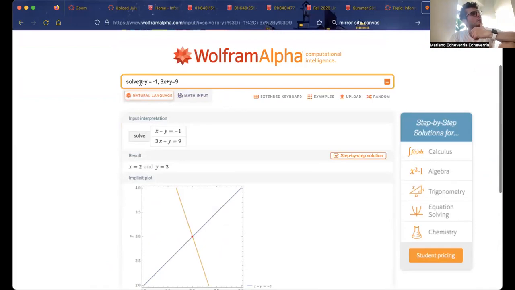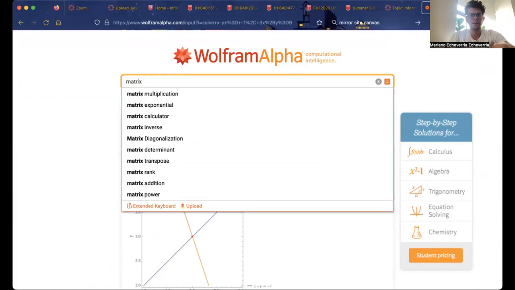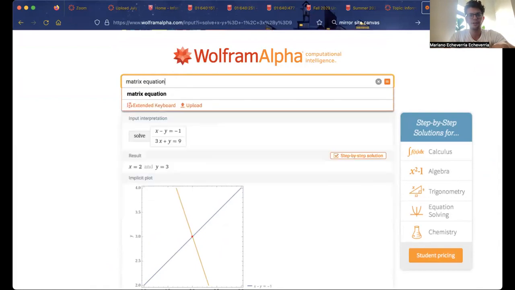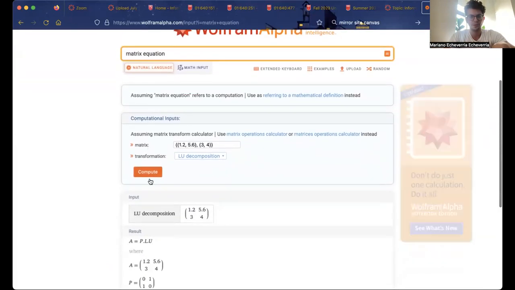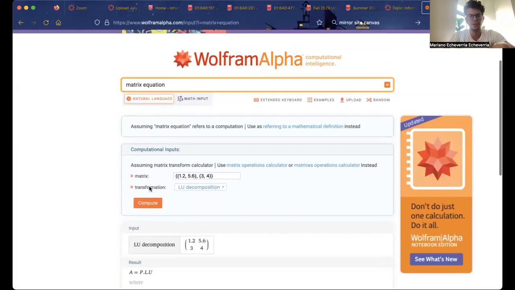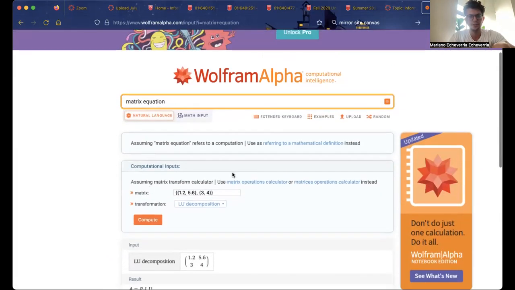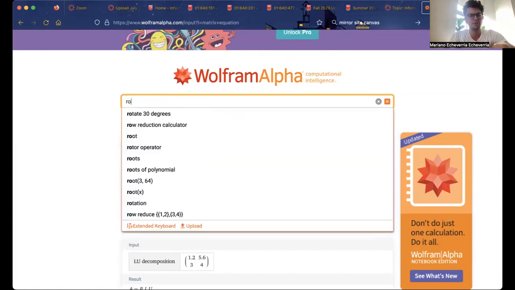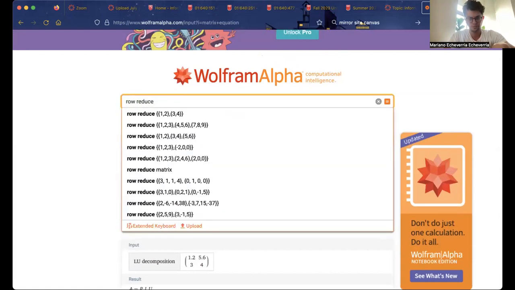If you want to do it the matrix way, let's see if you can find the matrix equation. Oh, okay, you would have to say row reduce. So if you wanted to put it in Wolfram Alpha in the matrix version, you would put the coefficients that we found.